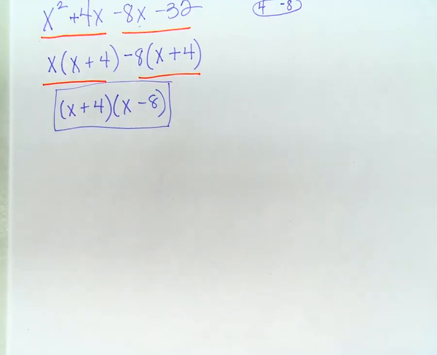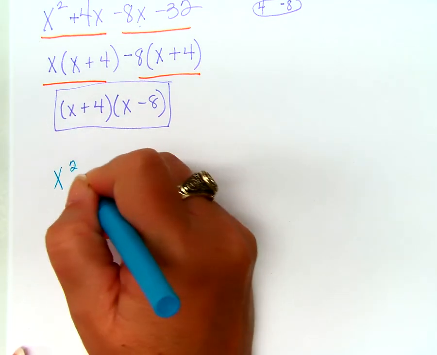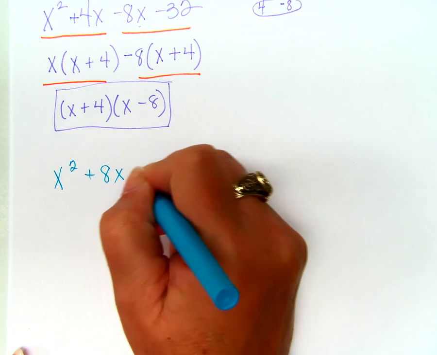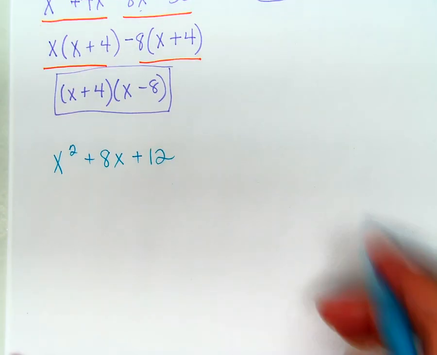Let's see if you are. X squared plus 8x plus 12. Quietly to yourself, find AC.